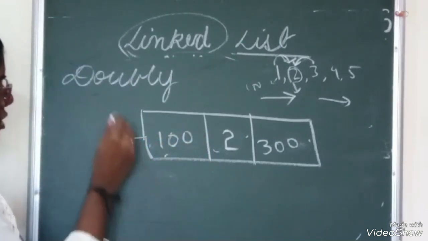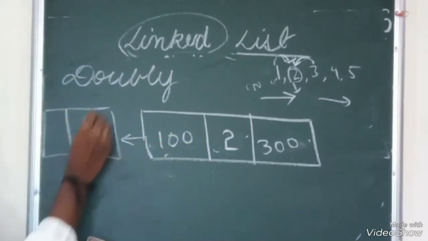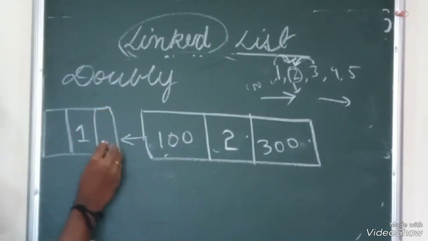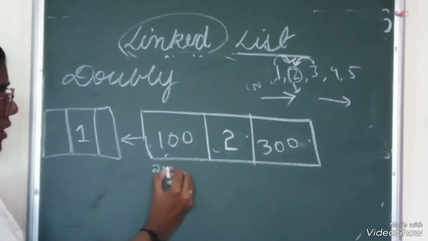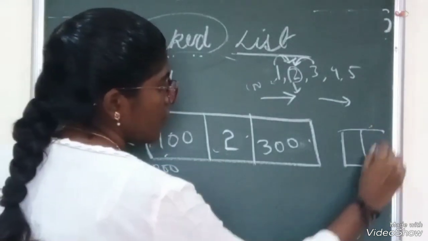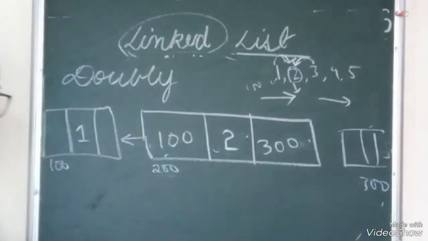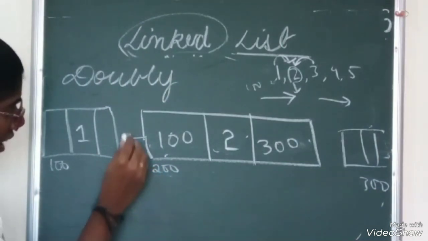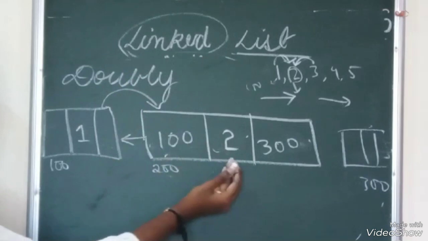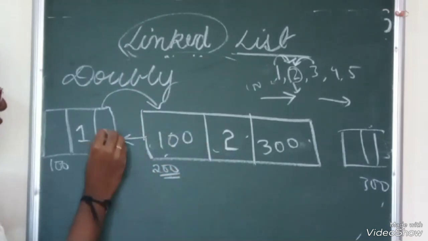Now this 100 will be pointing to another node which has data 1. The address of 2 is something like 200, with 100 on one side and another node with 300 on the other. In single linked list, I store the address of the successive element, the address of this 2, which is 200.